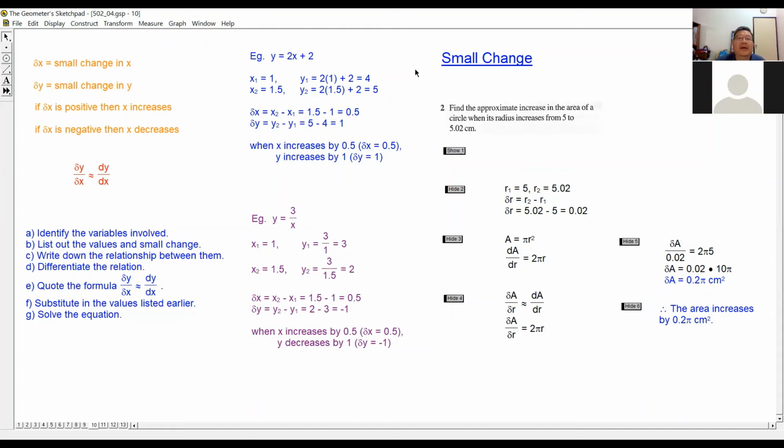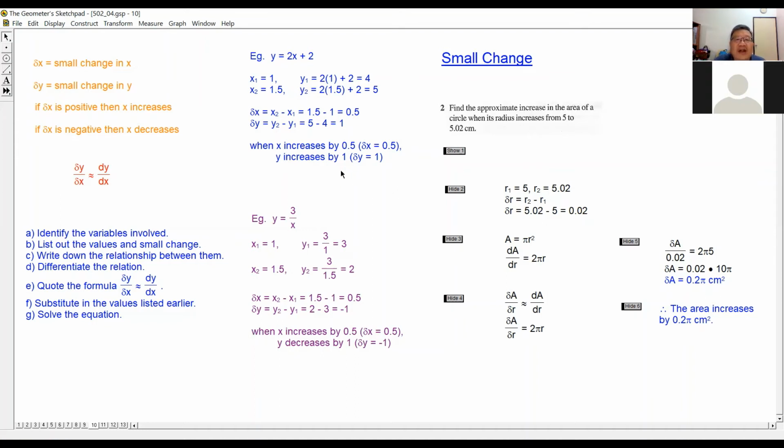Now, in any question in the exercises, you are not given the y2. You are not given the delta y. So you have to find the y2 and the delta y. If the question asks you to find delta y, that means they ask you to find the small change.